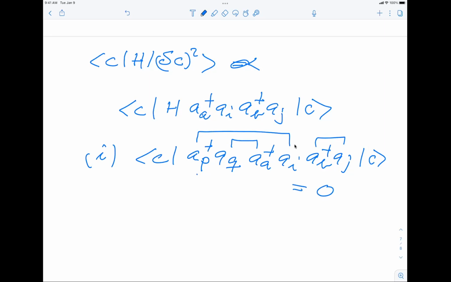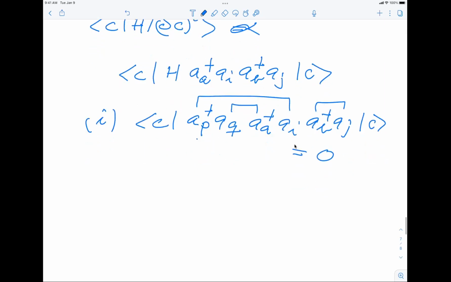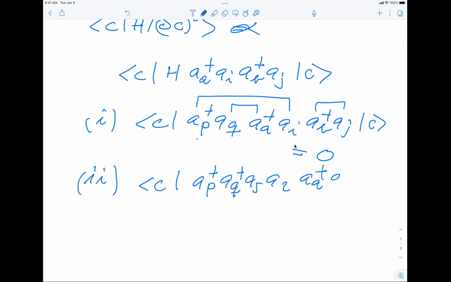And you can see that by looking at the different contractions. So the only one which doesn't give us zero is the one which involves the two-body operator. That means that the term here, which goes like a†_P a†_Q a_S a_R, multiplied with a†_A a_I and a†_B a_J, is the only non-zero term here. And then when we run the contractions here, we are going to get matrix elements.